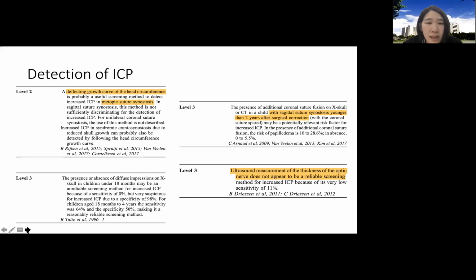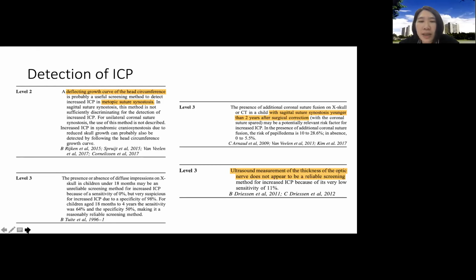The presence or absence of diffuse impressions on X-rays in children under 18 months may be an unreliable screening method for increased intracranial pressure, because the sensitivity is 0% but the specificity is 95%. For children aged 18 months to 4 years, the sensitivity was 64% and the specificity 50%, making it a reasonably reliable screening method.